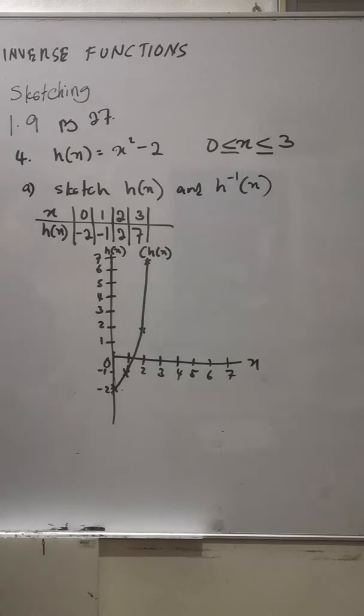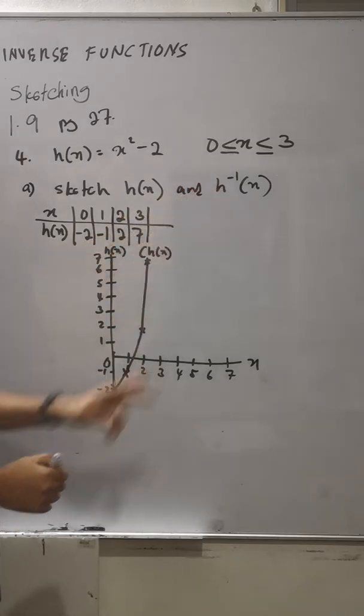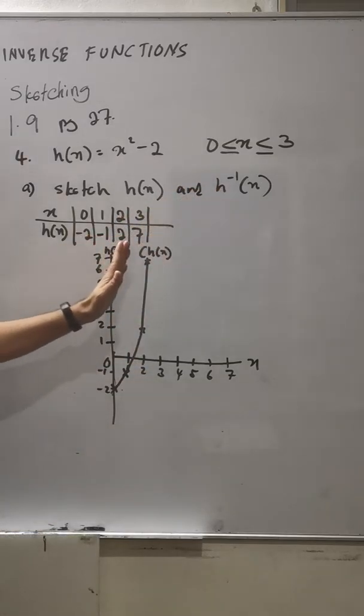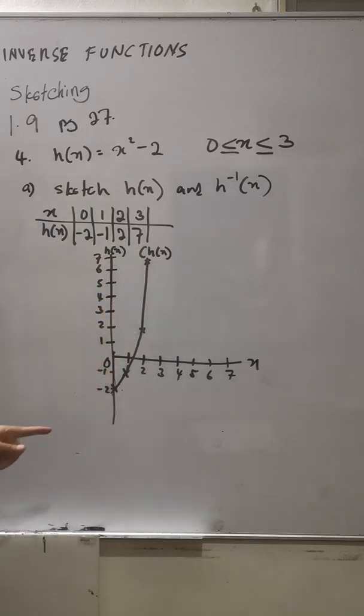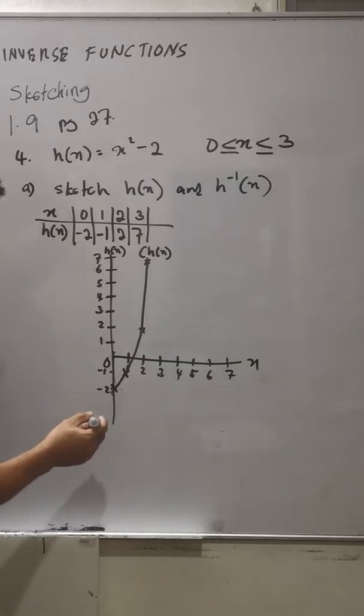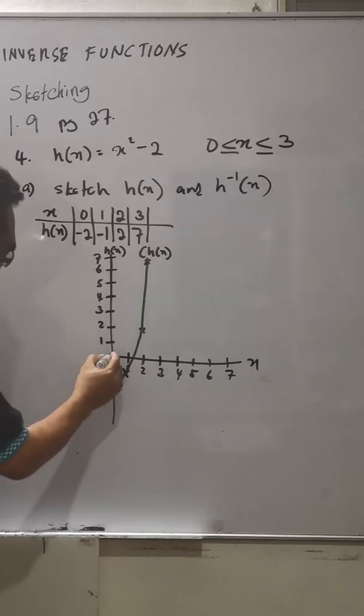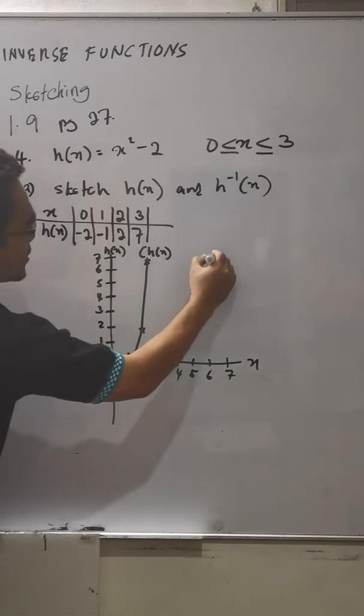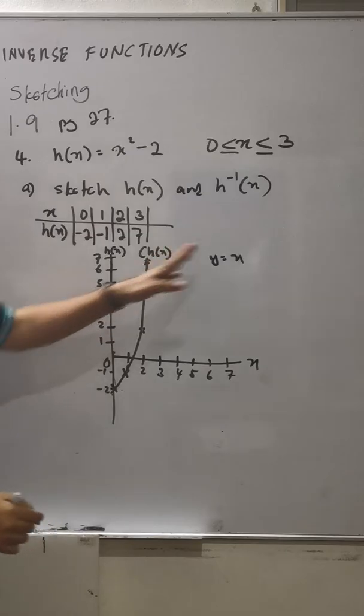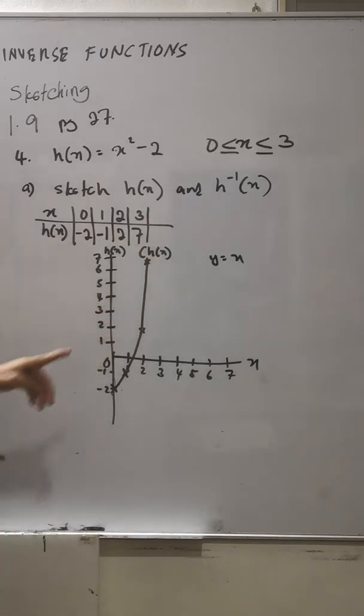Okay, so the inverse function will be the reflection of this line on y equals x. So in order to make it easy for you, I will draw y equals x. y equals x means x and y are the same.